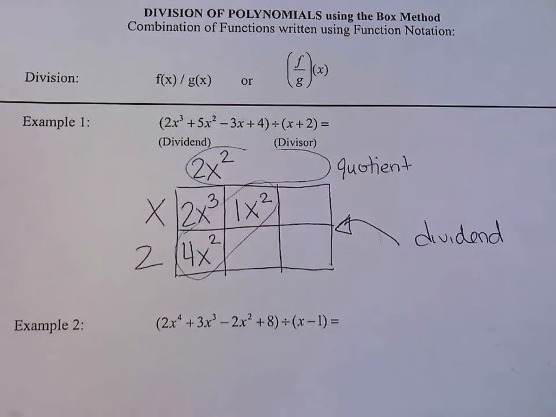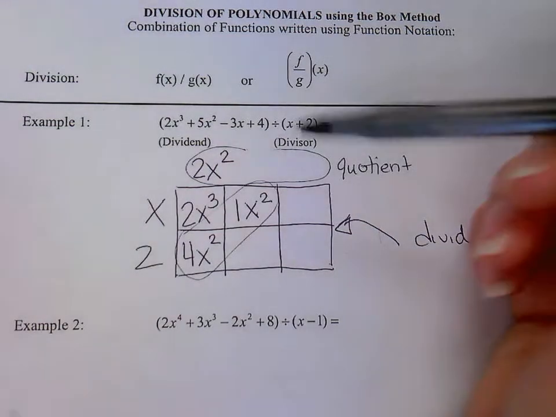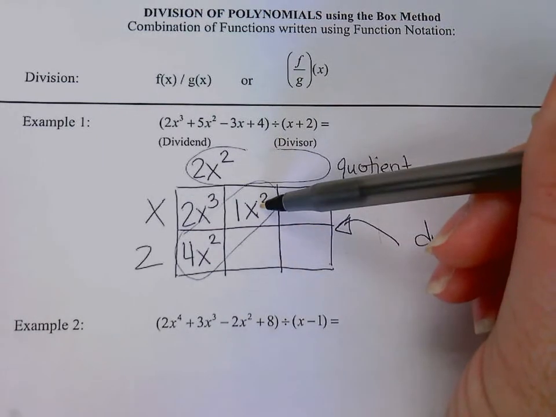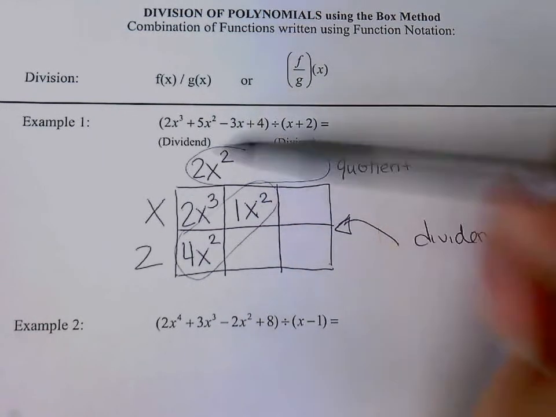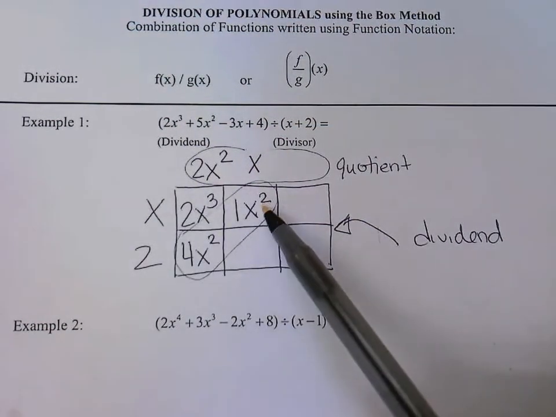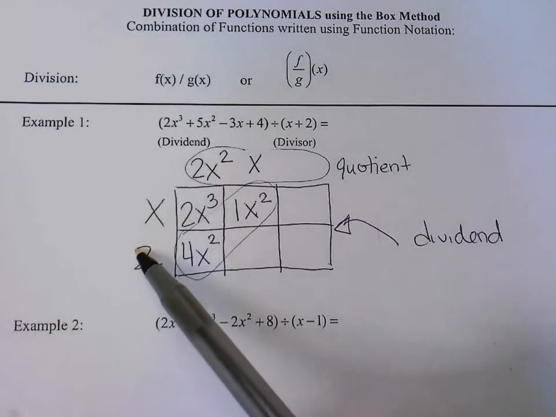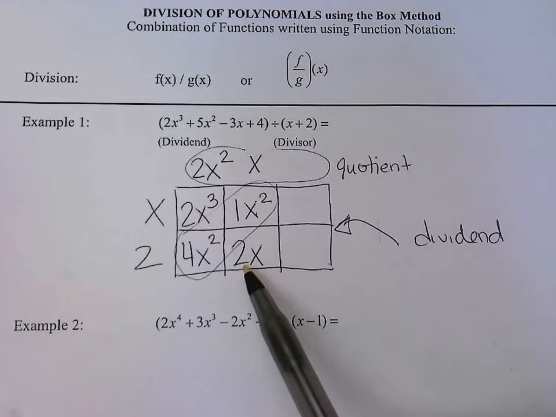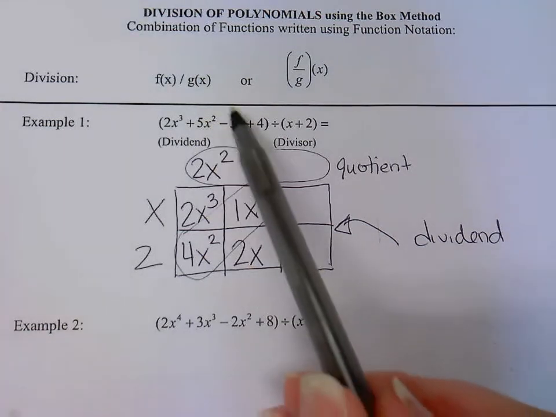Now you're going to go through those other steps that we've already done. What would go up here so that this times x is x squared? X, right? So x times x is x squared. What about x times 2? 2x. So now 2x, what needs to be my dividend?